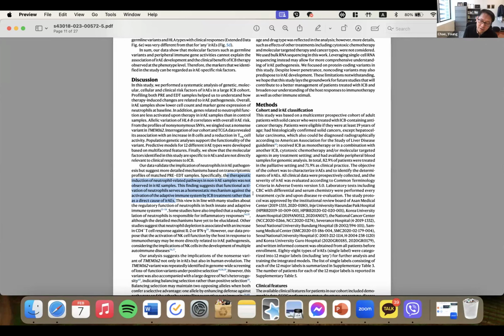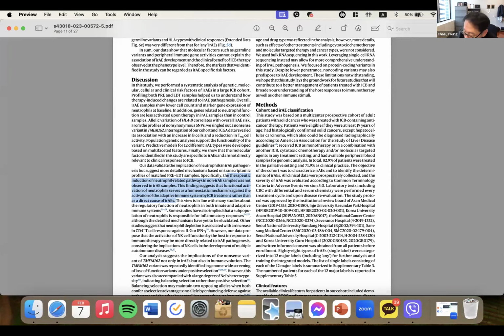So here, I'm just trying to understand therapeutic induction of neutrophil related pathways. If you see that therapeutic induction of neutrophils, you're not going to see that in the toxicity group, because the more neutrophils you have, the lower the chance of irAE happening.